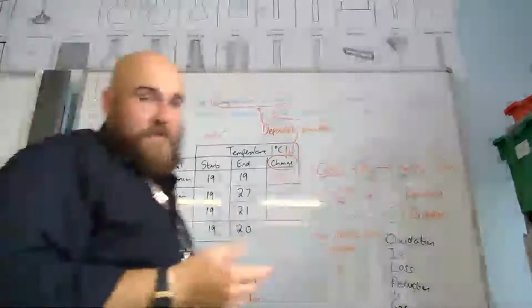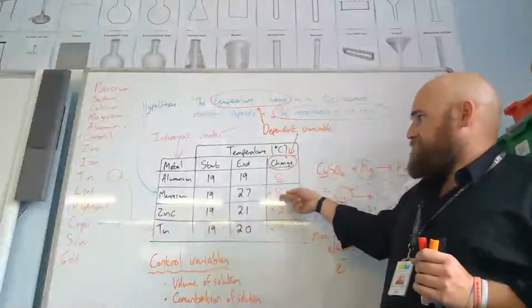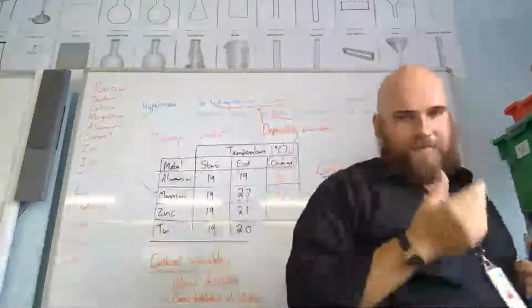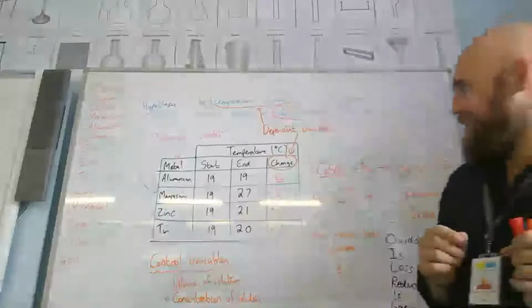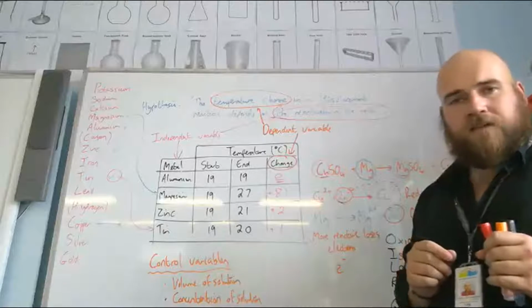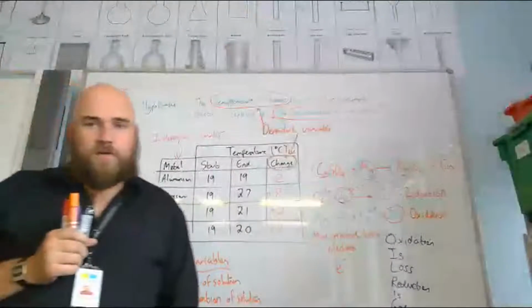The temperature should have gone up by, according to these results, somewhere between 8 and 2. Yeah, that'd be perfect for aluminium because it's between magnesium and zinc. So why has the temperature not gone up in that reaction? Any ideas, any thoughts as to why it might be? Just type them into the chat and we'll see what you come up with.